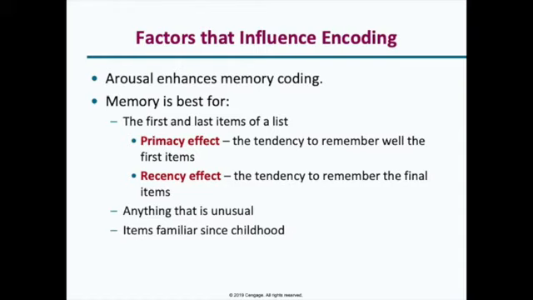In addition to attention and memory, many other factors influence how well you store memories. The primacy effect is the tendency to remember well the first items. The recency effect is the tendency to remember the final items. The primacy and recency effects are robust for almost any type of memory. Also, in a list of mostly similar items, the unusual ones are easier to remember.